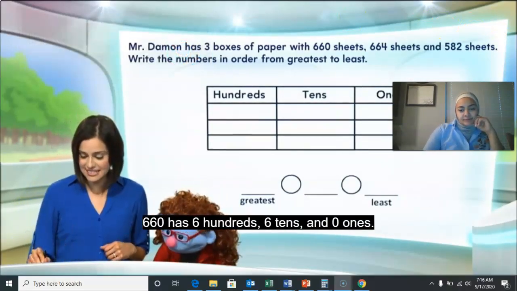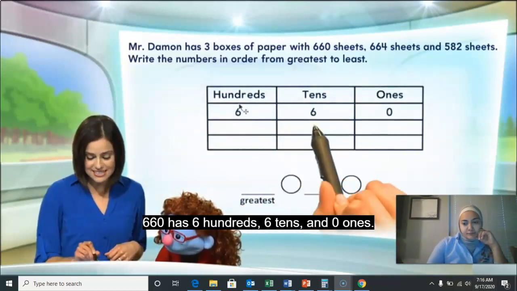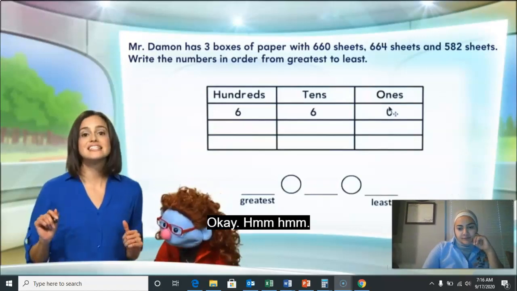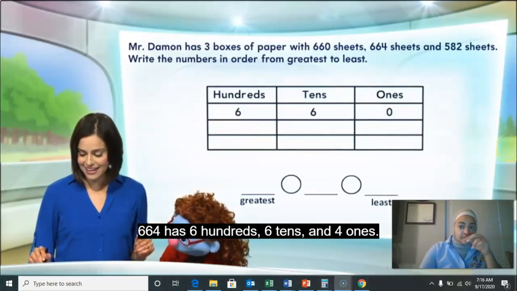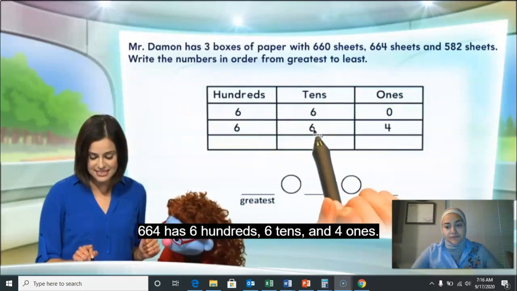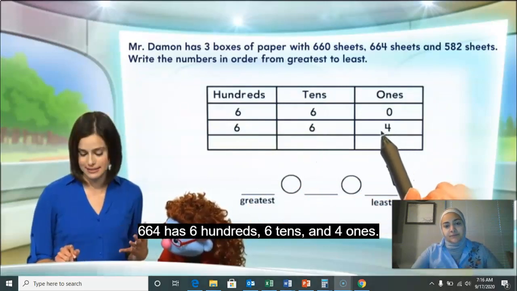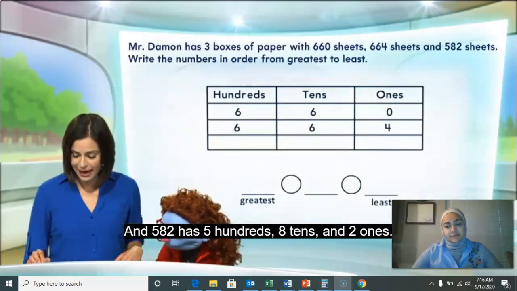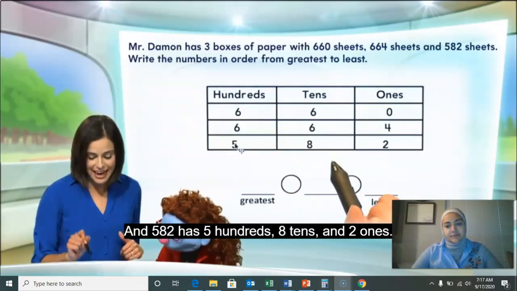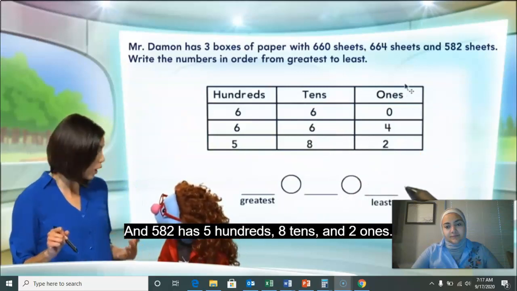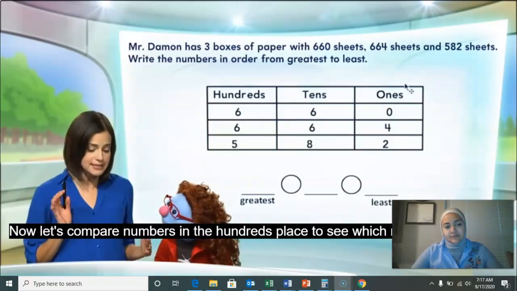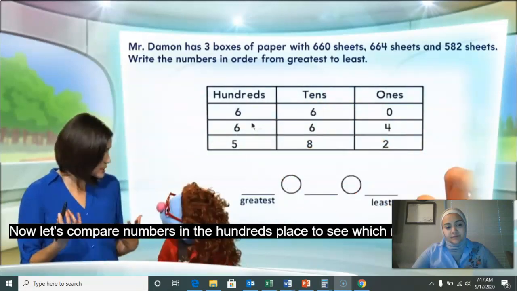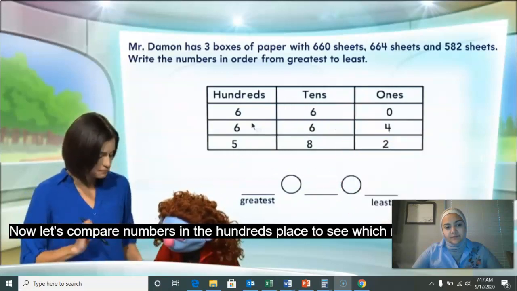660 has 6 hundreds, 6 tens, and 0 ones. 664 has 6 hundreds, 6 tens, and 4 ones. Oh, I see. And 582 has 5 hundreds, 8 tens, and 2 ones. Now let's compare numbers in the hundreds place to see which number is the least.